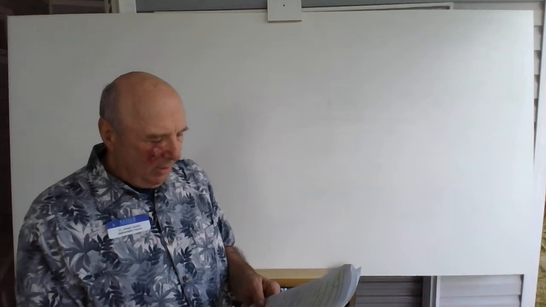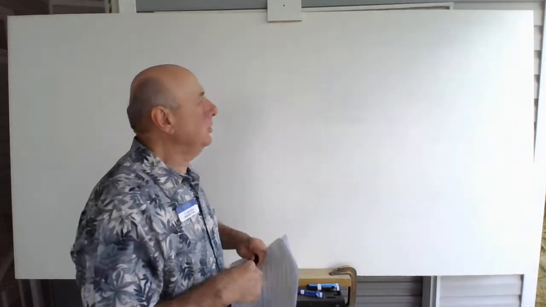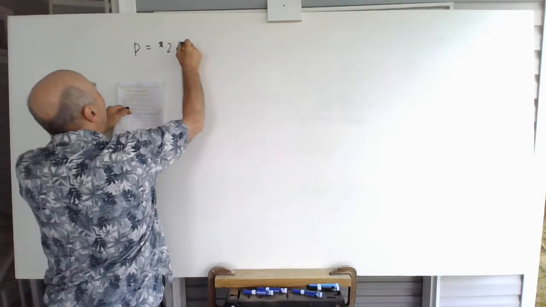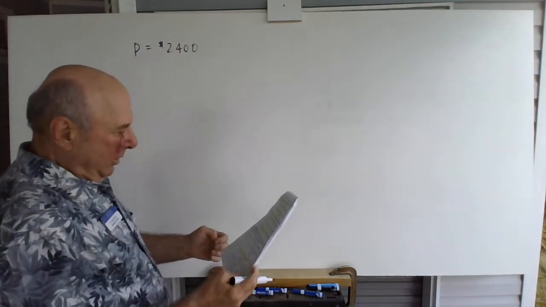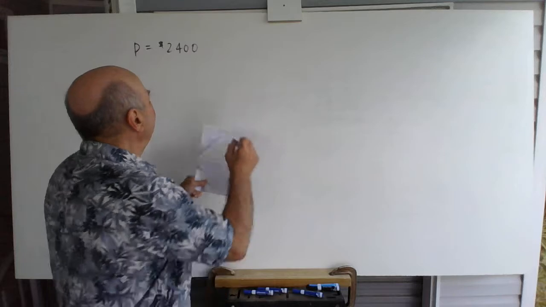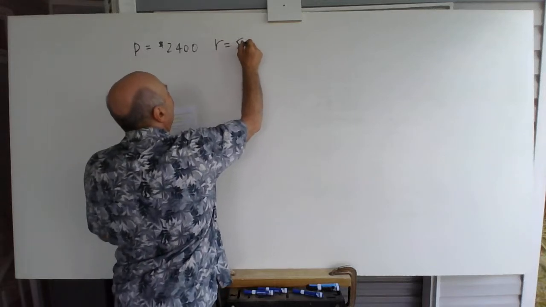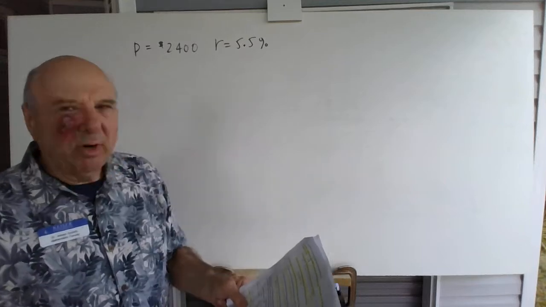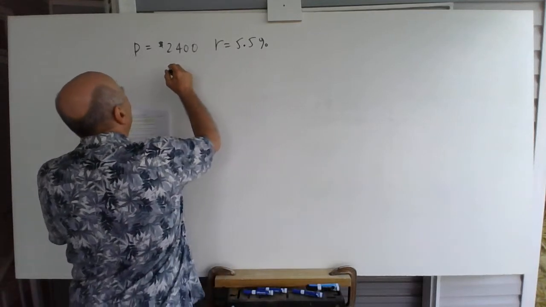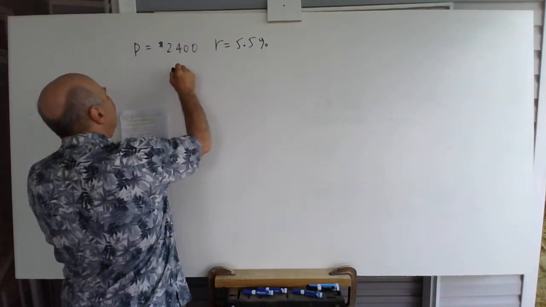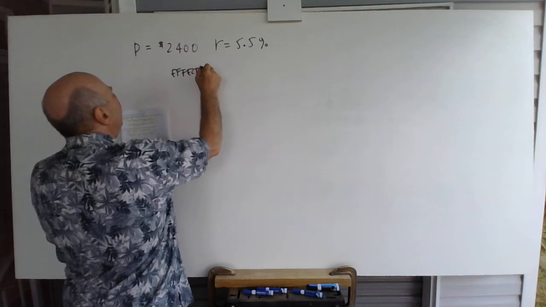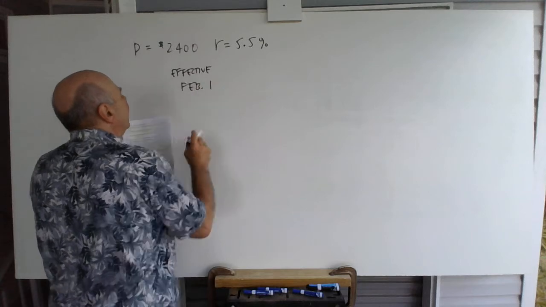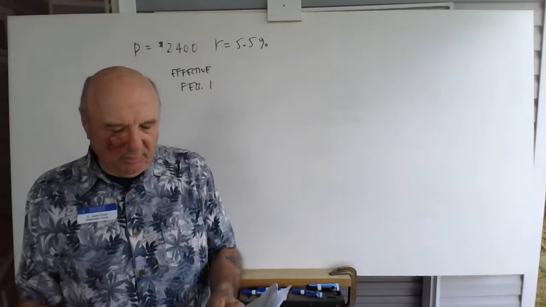So let's say we want to borrow $2,400, and it's 5.5%. The effective date is February 1st. That's the date of the loan, when it becomes effective.